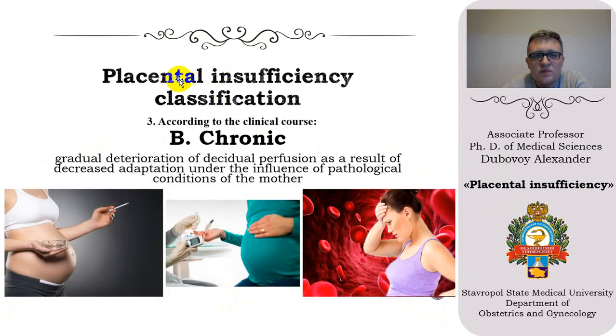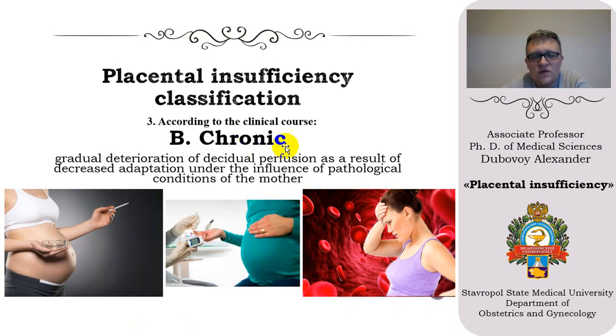Chronic placental insufficiency we often observe under pathological conditions such as diabetes mellitus, obesity, anemia of pregnant women, rhesus immunization, as well as in the presence of habits such as smoking.